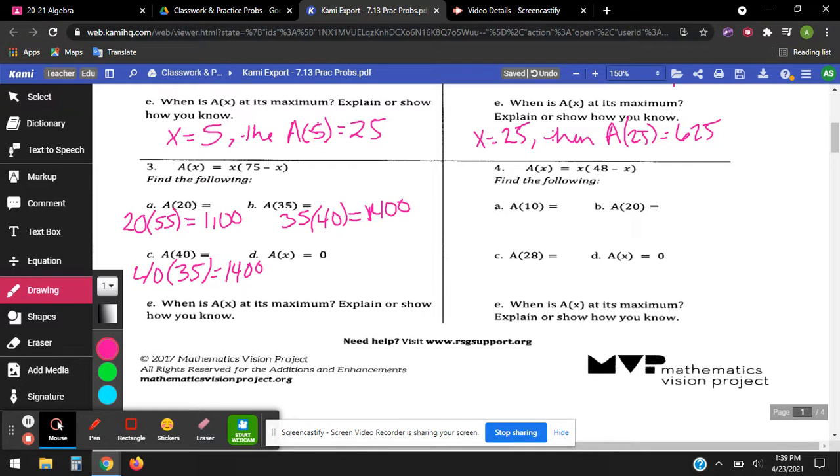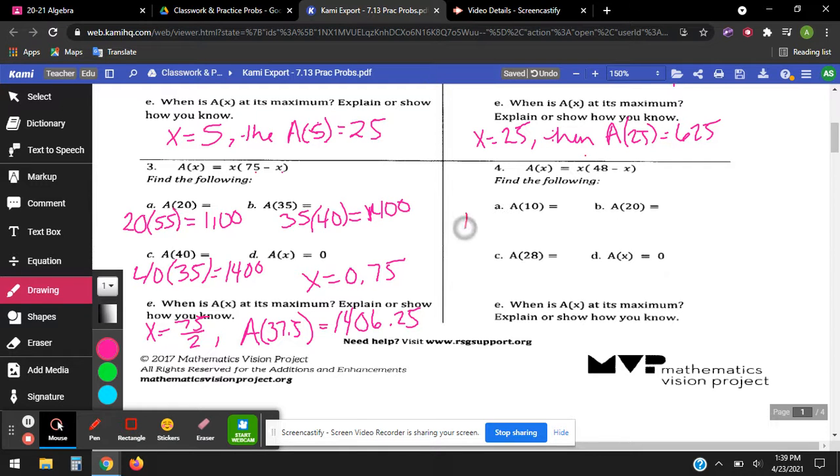I'm starting to see some patterns here. x has to be a 0, and then 75, right? Because if I'm subtracting, it gets me a 0. So what I've noticed on the others is if I take half of what my first number is, I need to do half of 75. So what is half of 75? 37.5. I end up getting an answer of 1406.25. So I get a little bit bigger space than my other ones.